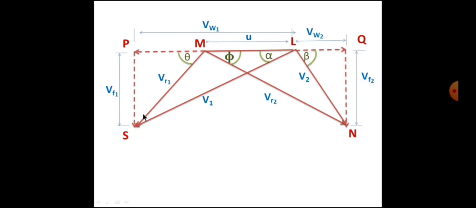Here in this triangle we can see all inlet values which are shown by suffix 1, and here in the triangle MQN we can see all the outlet values which are shown by the suffix 2. So this is how we need to combine both the velocity triangles in order to have convenience in solving the numericals.